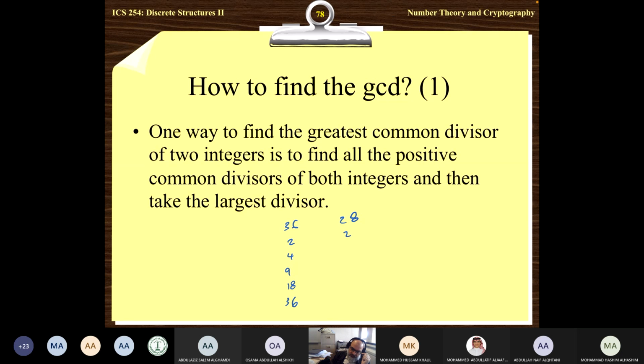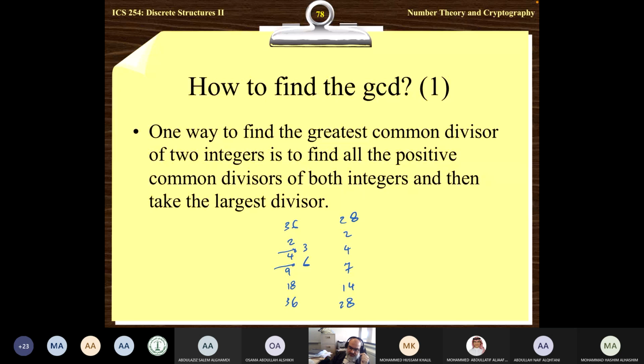Well, you have 2, 4, 7, 14. Did I miss anything? I missed 3 and 6.